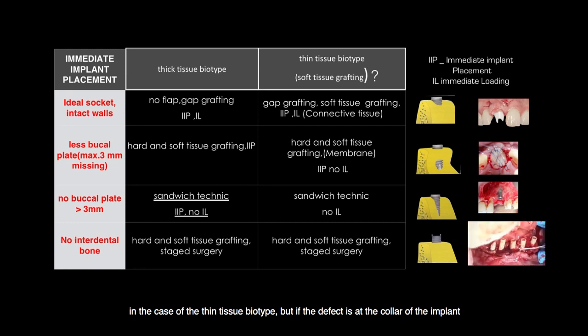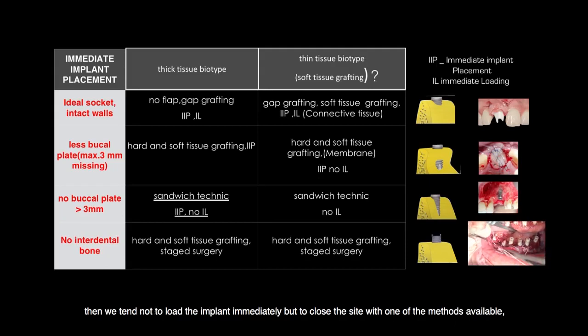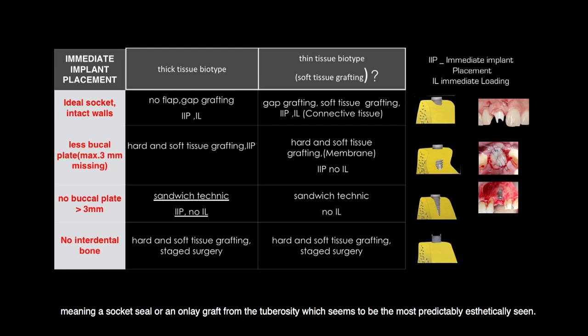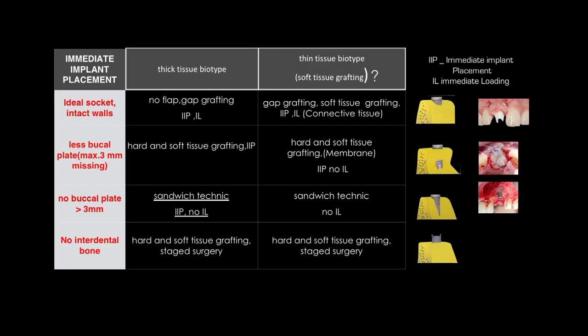But if the defect is at the collar of the implant, then we tend not to load the implant immediately, but to close the site with one of the methods available, meaning a socket seal or an onlay graft from the tuberosity, which seems to be the most predictable aesthetically.